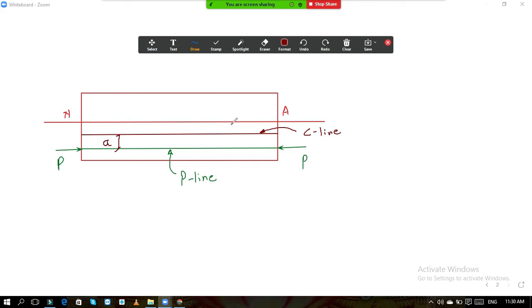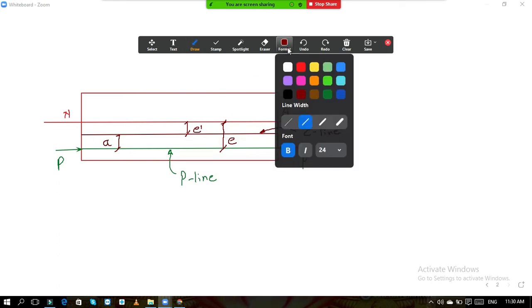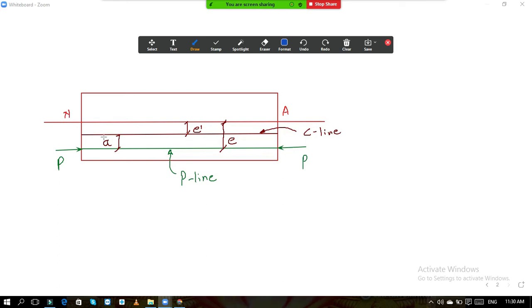The distance from the neutral axis to the P line is your eccentricity E, and the distance of the C line from the neutral axis is your E dash value. Now in this case, if I draw the force in the concrete, it will be like this.